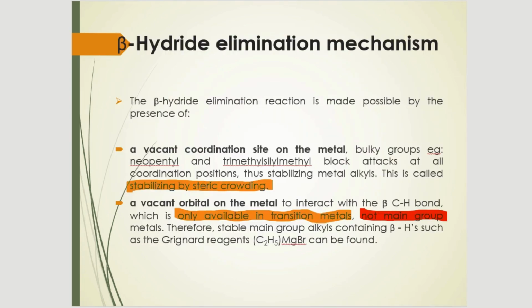Okay, and also to make sure, there are two possibilities for the beta hydride elimination reaction to occur. The first one is a vacant coordination site on the metal. To overcome this possibility, we use bulky groups, for example neopentyl and trimethylsilylmethyl, to block all attack from the surrounding coordination positions.